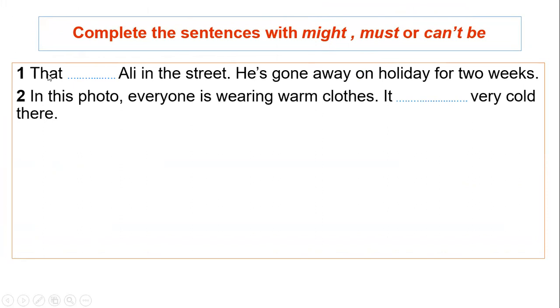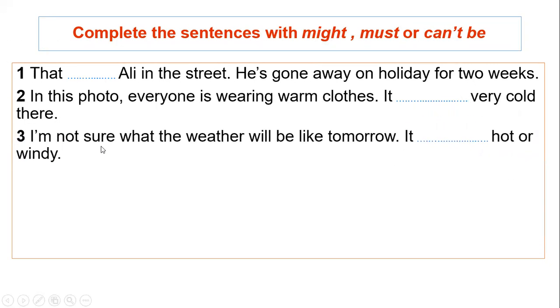The first question is that something Ali in the street is gone away on holiday for 2 weeks. Number 2, in this photo, everyone is wearing warm clothes. It's something very cold there.